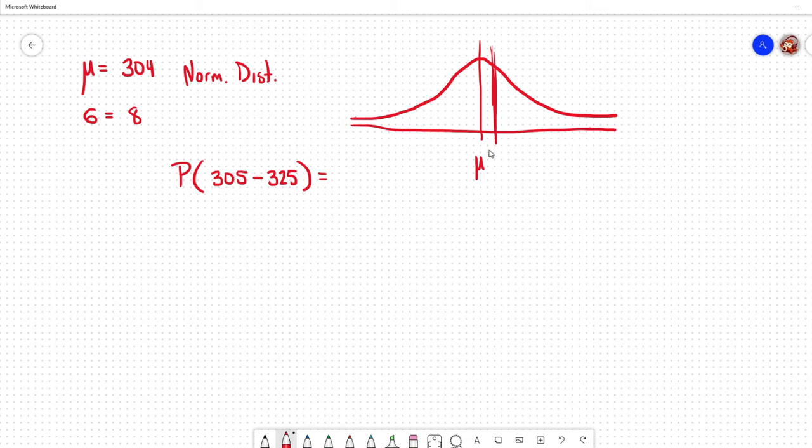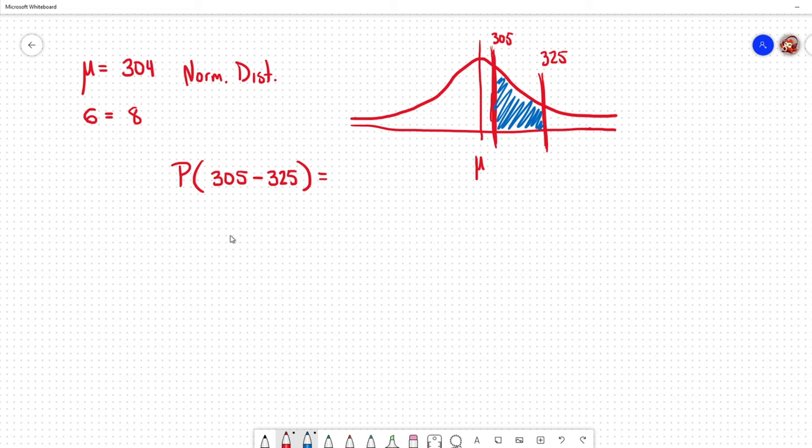Doesn't have to be accurate. Just want to show that it's either above or below the mean. So 305 to 325. So let's say 325 is here. So we're interested in finding out this little slice of the entire population. What probability is that for us to land in that area?